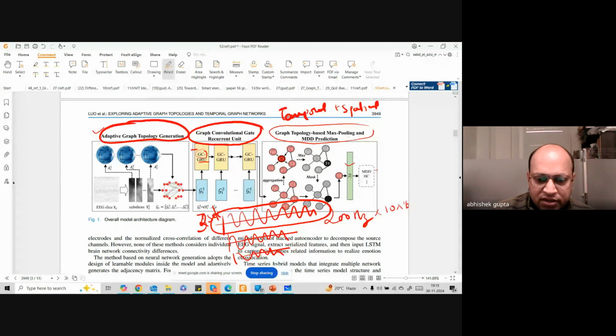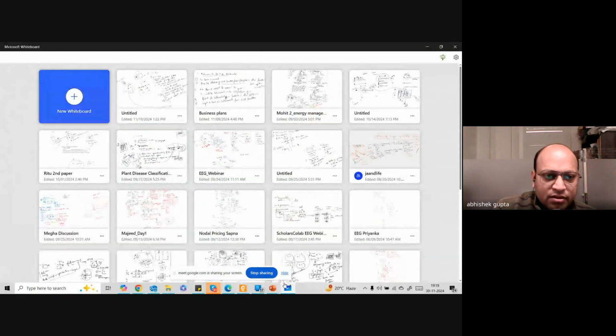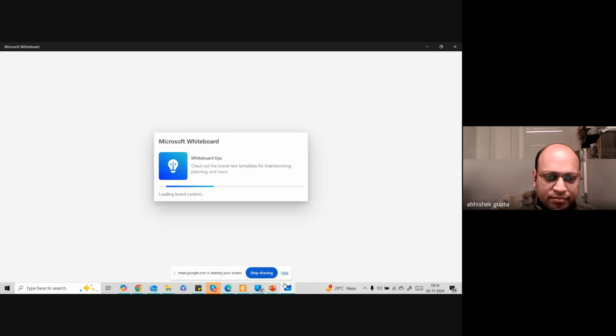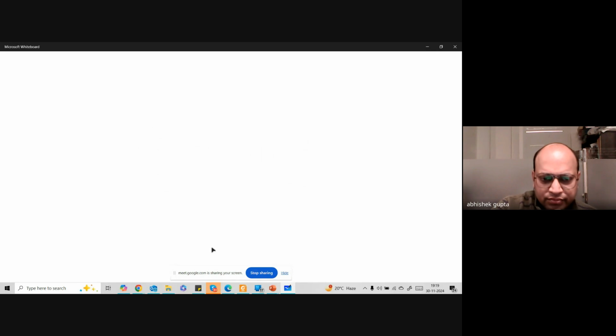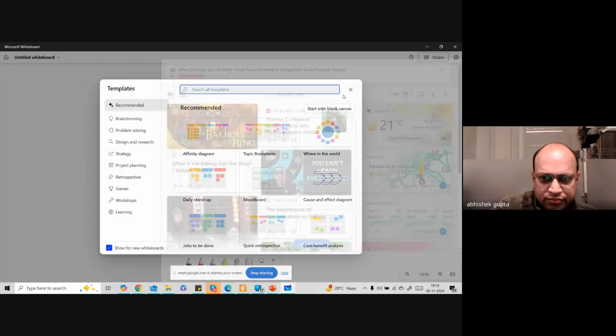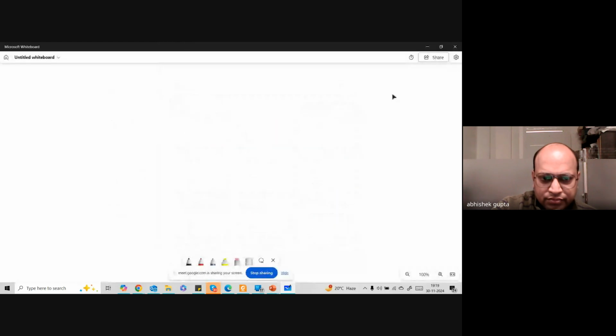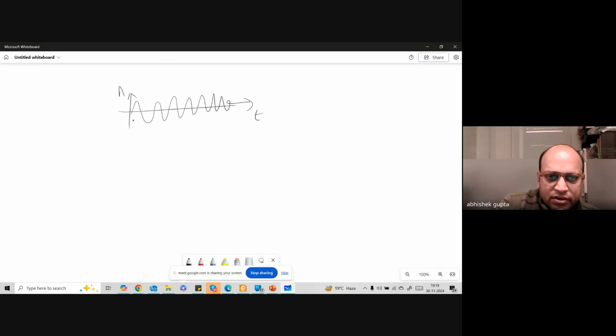So, for example, what does it mean? If your signal is of this length, then for example at 0 the time is t and this is the signal amplitude, then it is slicing this signal.